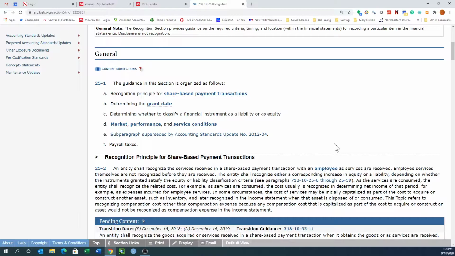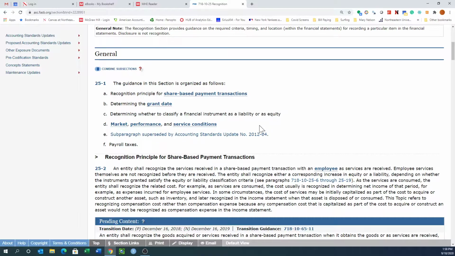Well, if I was going to pay you cash, then I would recognize an expense. Well, we do the exact same thing here. So it's just a matter of when's the grant date, because that's when we have to start the clock and start recognizing things. Figure out whether it's a liability or equity, and then think about what are the things that are triggering it.